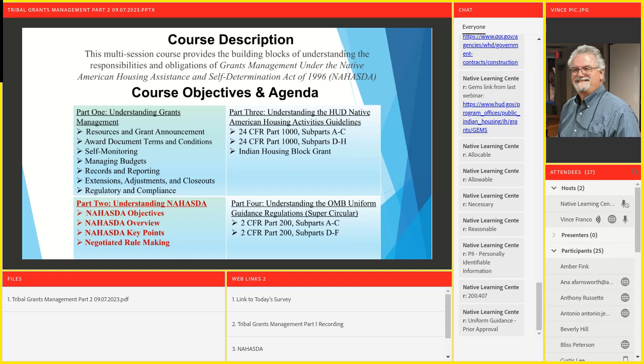So after today, we're going to move into the regulations, right? First, we're going to start with housing specific, out of HUD, and then we're going to get into the OMB uniform guidance, the regs that apply to all federal funding recipients. You're going to learn how to navigate through it. You're going to learn how to interpret, and we're going to look at some of those areas where the feds do not provide sufficient information for us to make a decision.